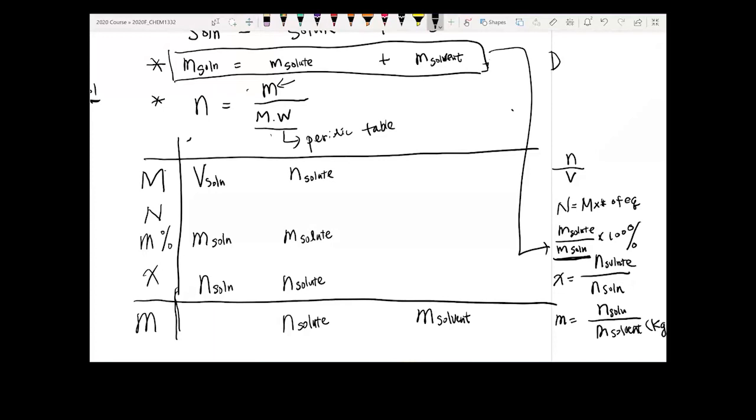The density of your solution is equal to the mass of your solution divided by the volume of the solution.